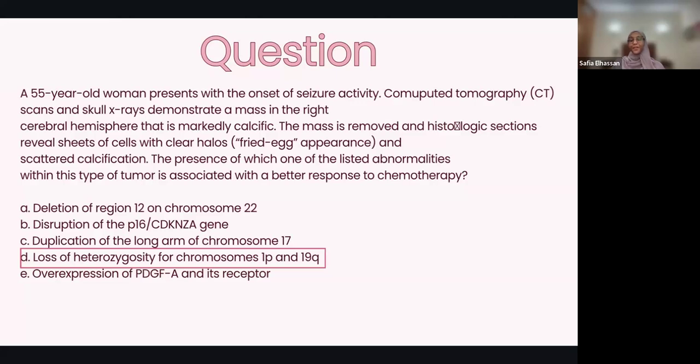Okay, it was the meningioma. Yes, correct. So the meningioma was associated with loss of chromosome 22, but it also had a TERT promoter mutation or homozygous deletion of CDKN2A, which was associated with the worst prognosis.